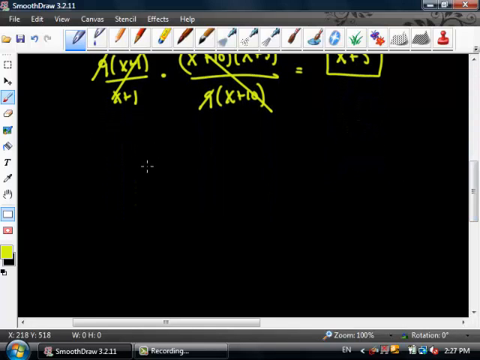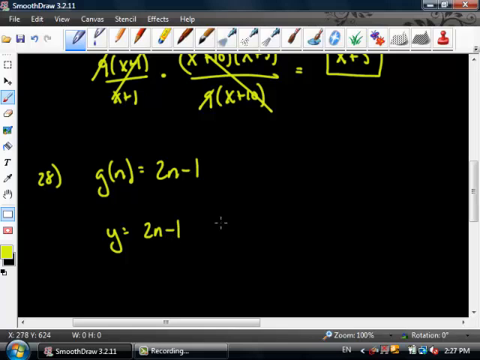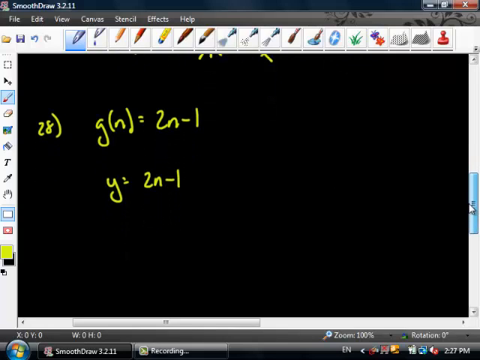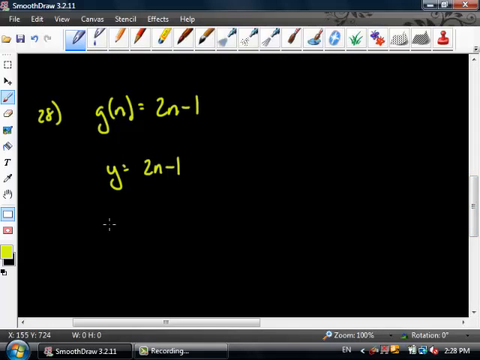Okay, let's go over how to do inverse functions. If I do something like number 28, g of n is equal to 2n minus 1. I'm going to switch out g of n for y, and that's going to equal 2n minus 1. In order to solve for an inverse, we switch, in this case, n and y, so it's going to be n equals 2y minus 1, and then we just get y by itself.